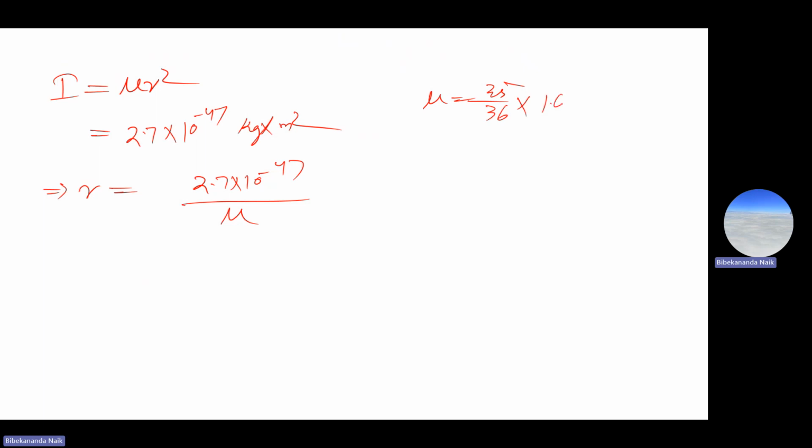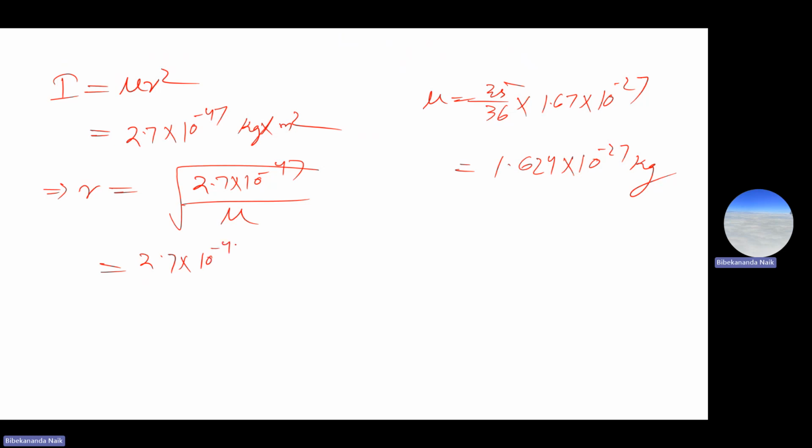Mass of proton is 1.67 into 10 to the power minus 27. This will be 1.624 into 10 to the power minus 27 kg. So r will be the square root of 2.7 into 10 to the power minus 47 divided by 1.624 into 10 to the power minus 27.